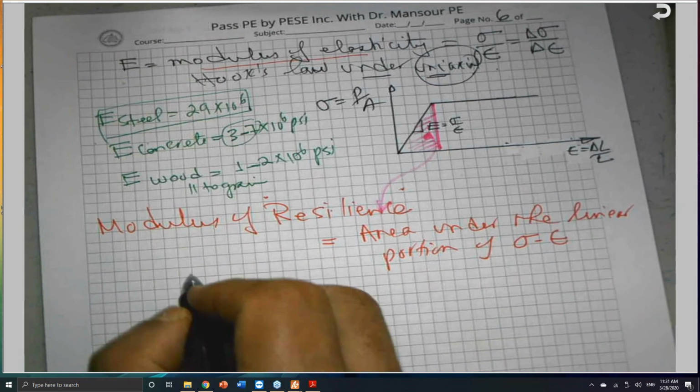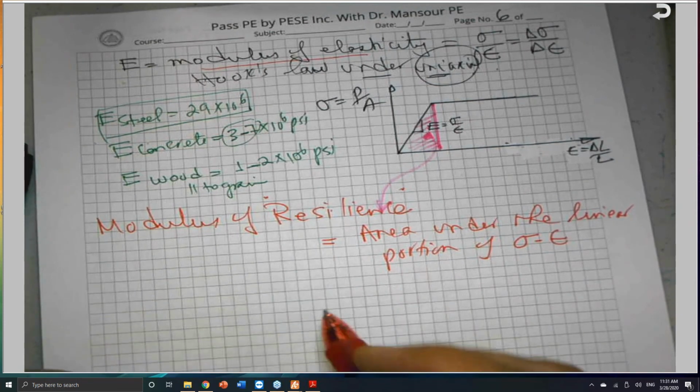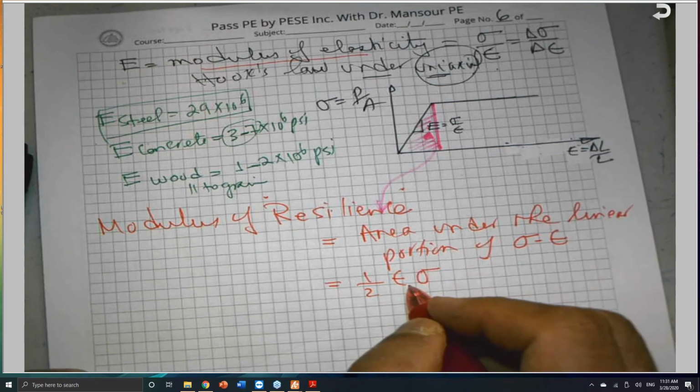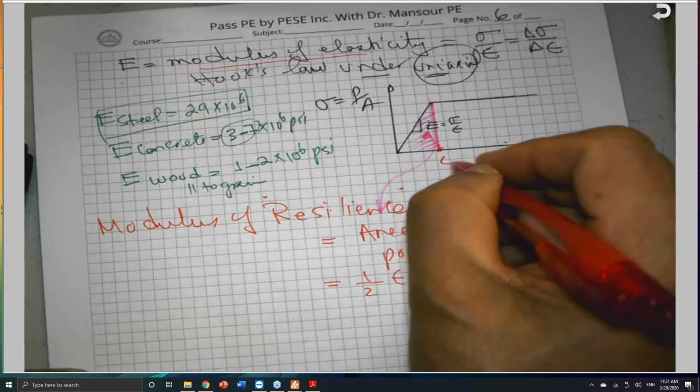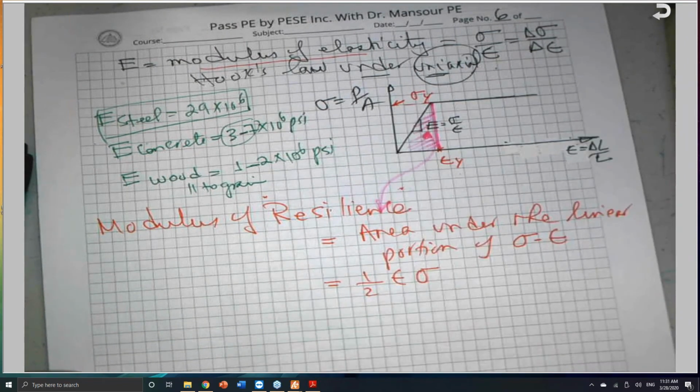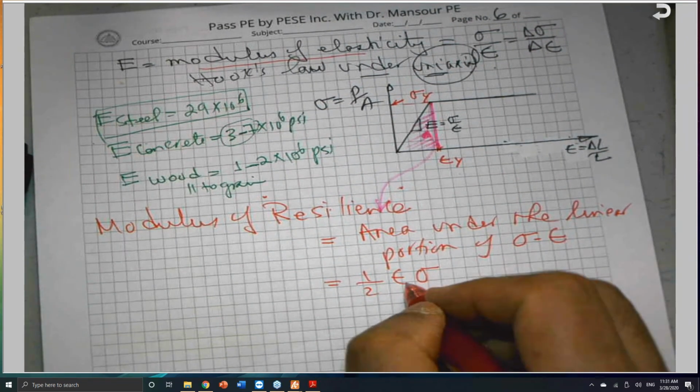Sometimes we write it this way: the modulus of resilience is equal to 1/2 epsilon times sigma, but this must be epsilon sub y and sigma sub y. It is the area of a triangle, 1/2 base times height.